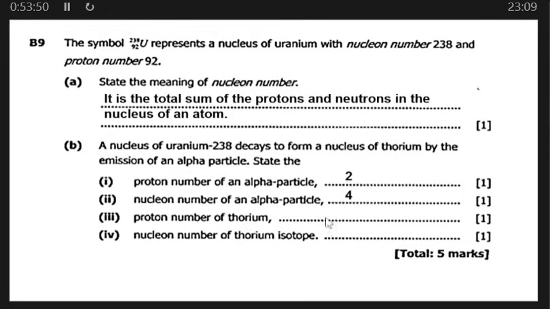So it will be 4 here. Then proton number of thorium. So what we are going to do is 92 minus 2, it will be 90. Then the nucleon number of thorium will be 238 minus 4, which will be 234.